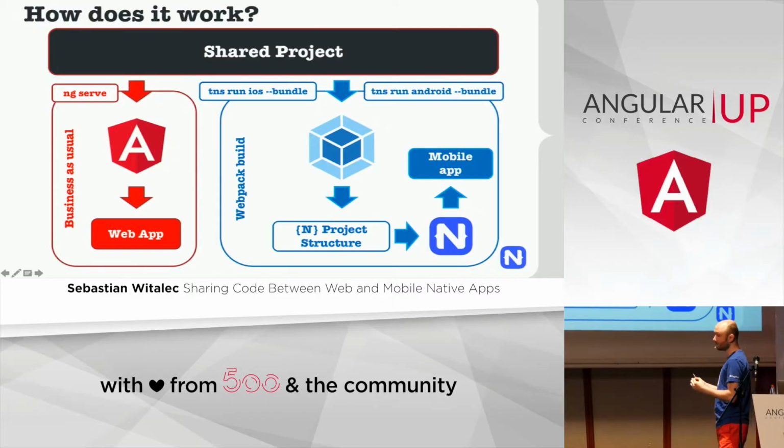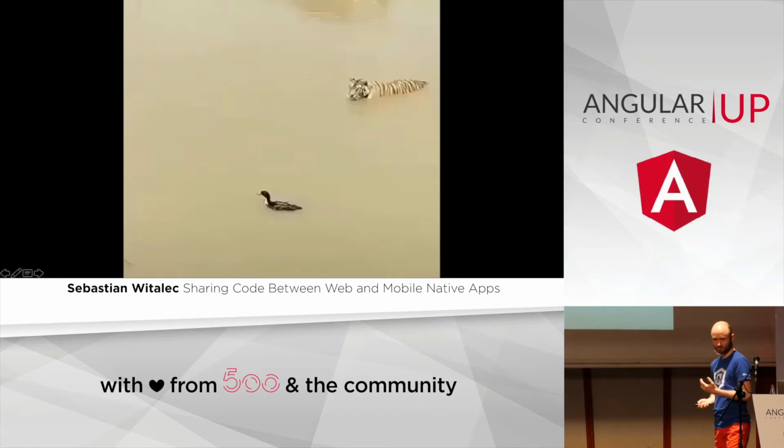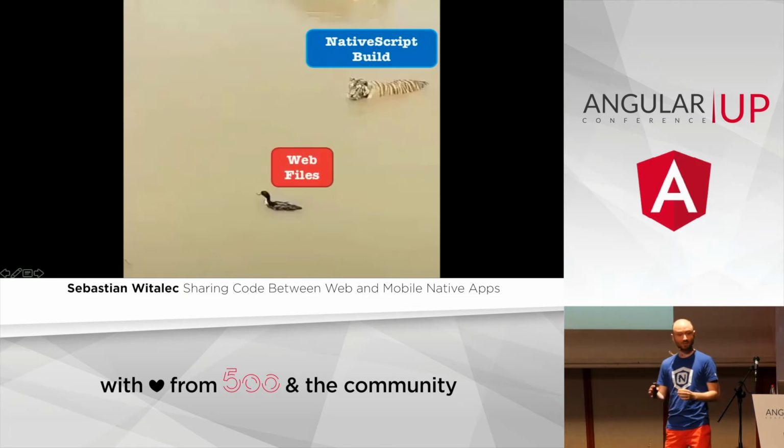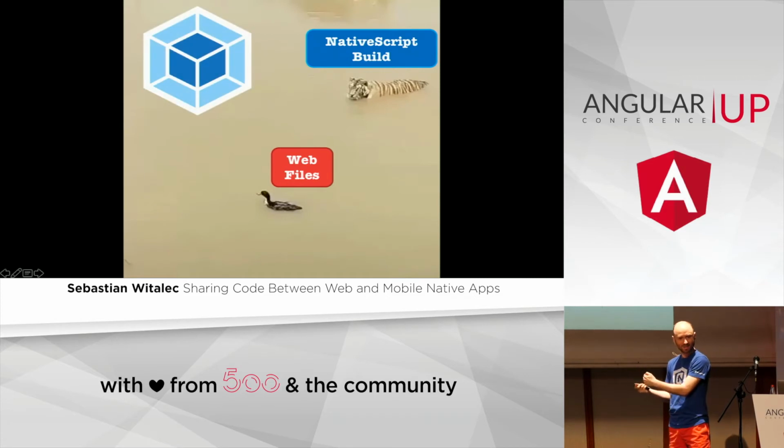So to visualize this is very important so that you know what's going on. I have this example. The tiger is the NativeScript build process, okay? The ducks are the web files. So when the NativeScript build happens, we don't want the tiger to get the duck, right? That's when Webpack comes in, and it helps us.